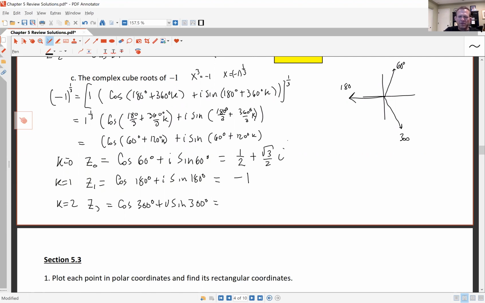And 300 degrees, well, that's just the reflection about the x-axis from the first one, so it should just be 1/2 minus √3/2 i. And those are all the cube roots of -1.